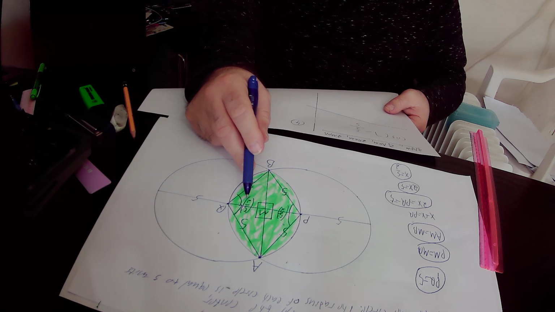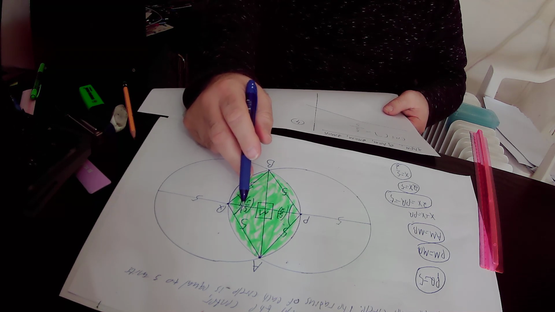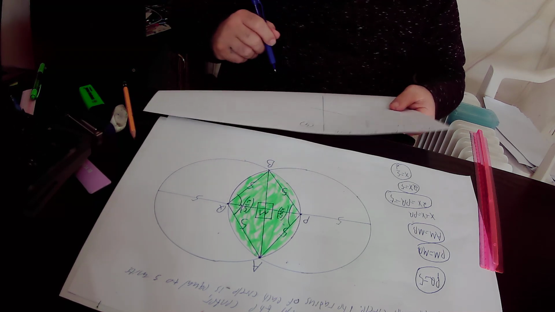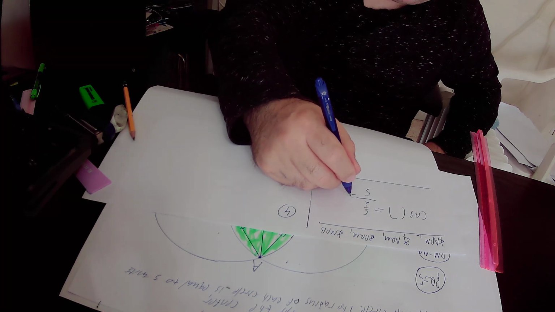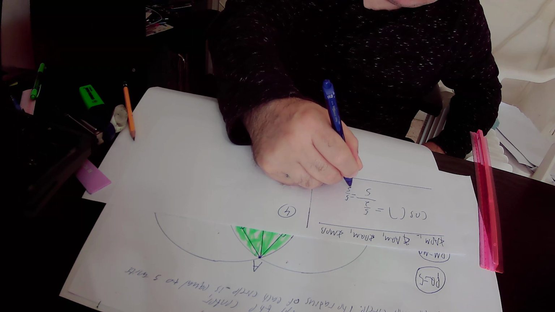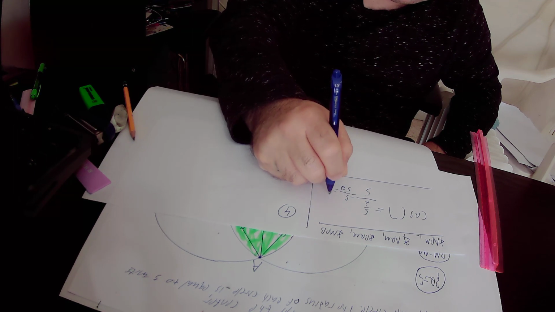Here this angle has cosine 5 over 2 over 5, this angle also, and here also. So 5 over 2 over 5 is equal to 5 over 5 times 2. 5 over 5 is 1.